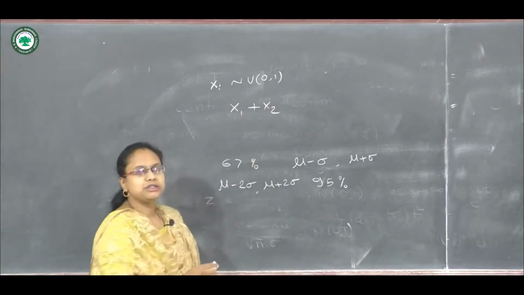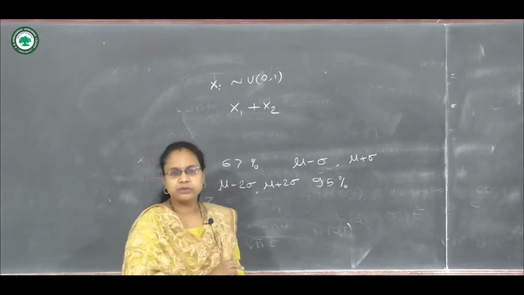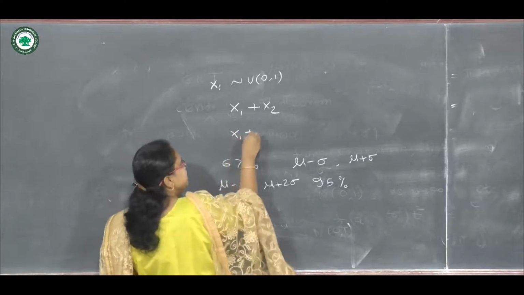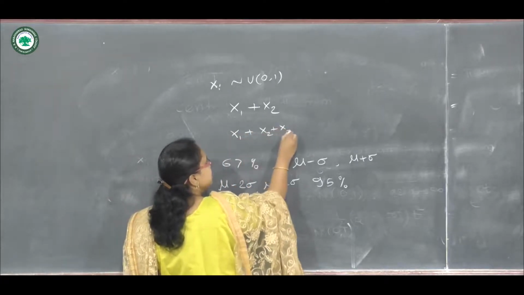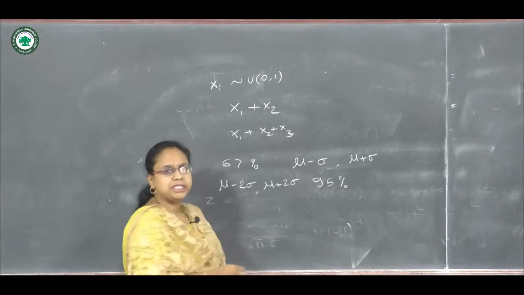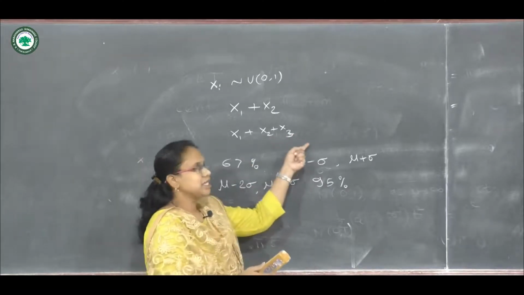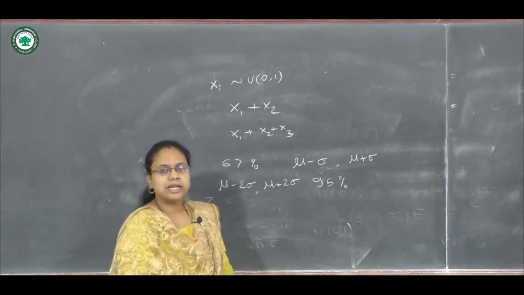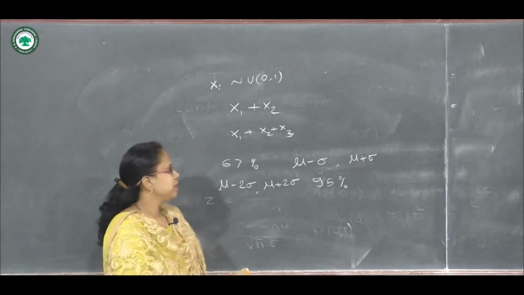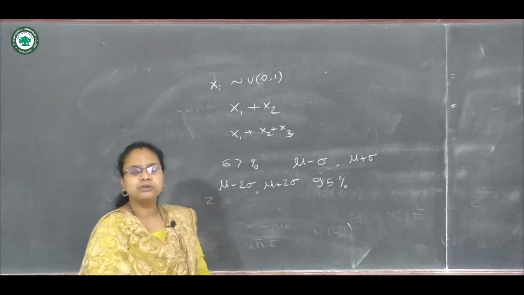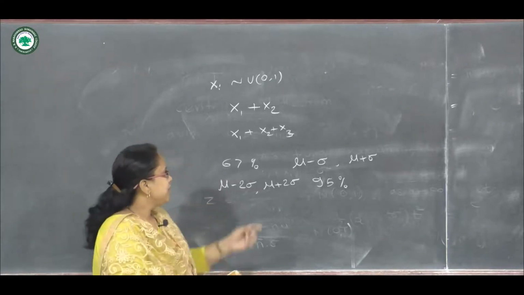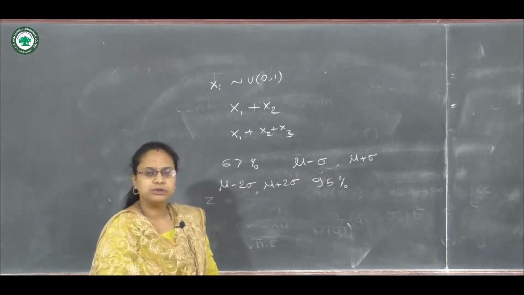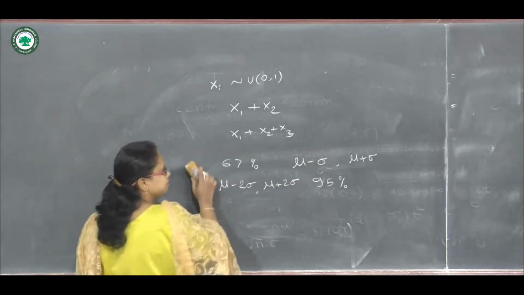We can see that the distribution of x1 plus x2 will be triangular in shape. If we take x1 plus x2 plus x3, then it is almost bell shaped. As we go on increasing the random sample, the curve looks bell shaped and becomes symmetric. So it is good to say that if we increase the random sample, the distribution will converge to normal distribution.